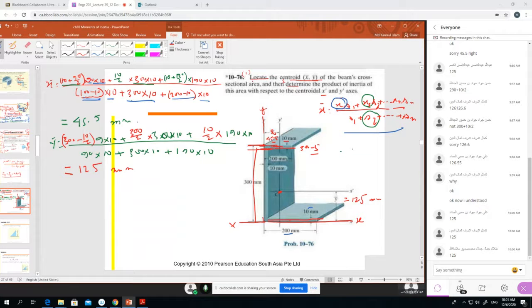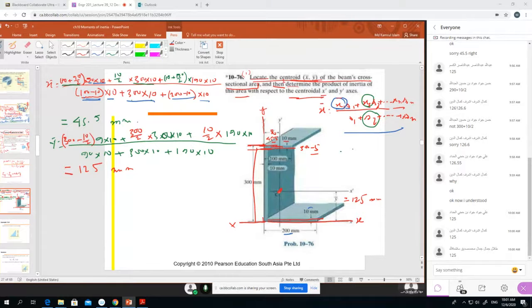Now our first question, question 1, is already solved: locate the centroid of the sectional area. Now they are asking number 2: determine the product of inertia of the area with respect to the centroidal axis.